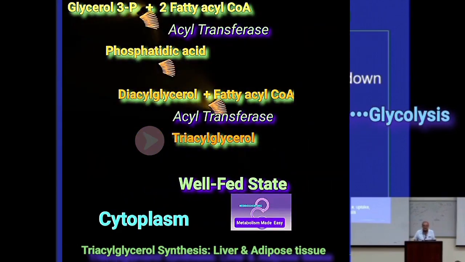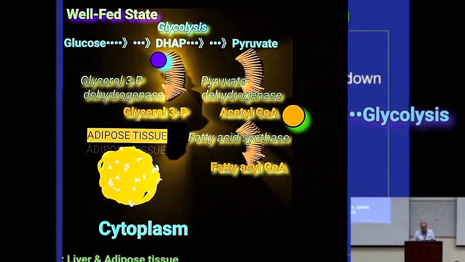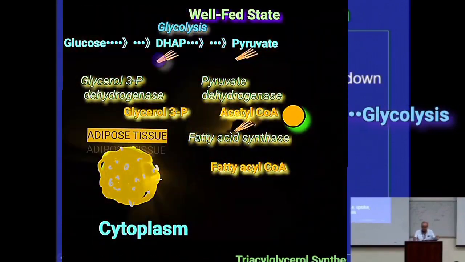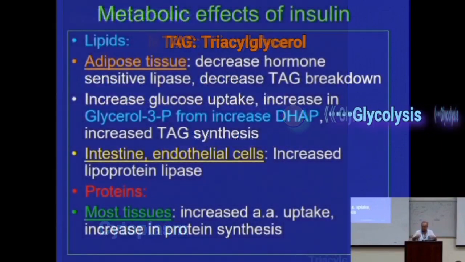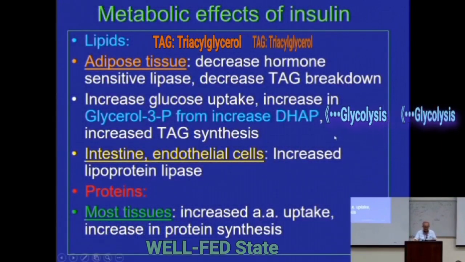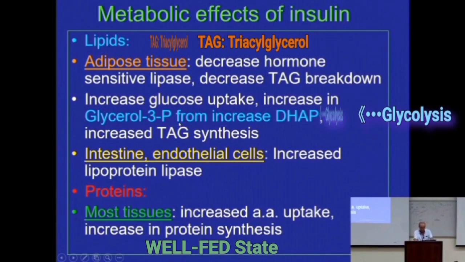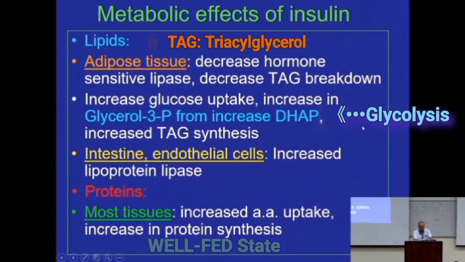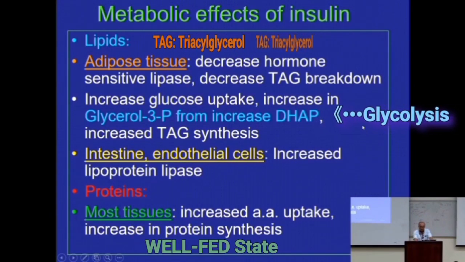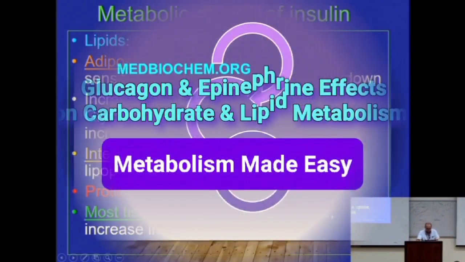It's coming from DHAP from glycolysis. So remember, adipose tissue picks up glucose. It's using glucose for its own energy needs, so it will have an ample supply of DHAP and glycerophosphate as a result. And that's the backbone used to esterify fatty acids from the diet or from de novo synthesis from VLDL, and you increase TAG synthesis.